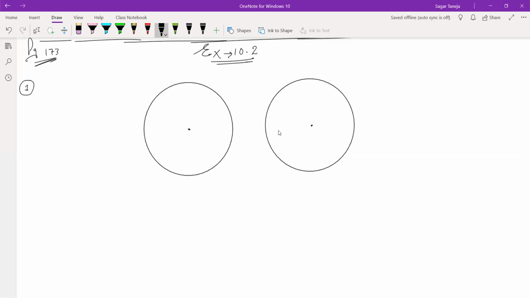Now read further. They have written if they have the same radii in the question itself. Prove that equal chords of congruent circles means now we have chords of two congruent circles. And both the chords are equal to each other. So let us make two equal chords.